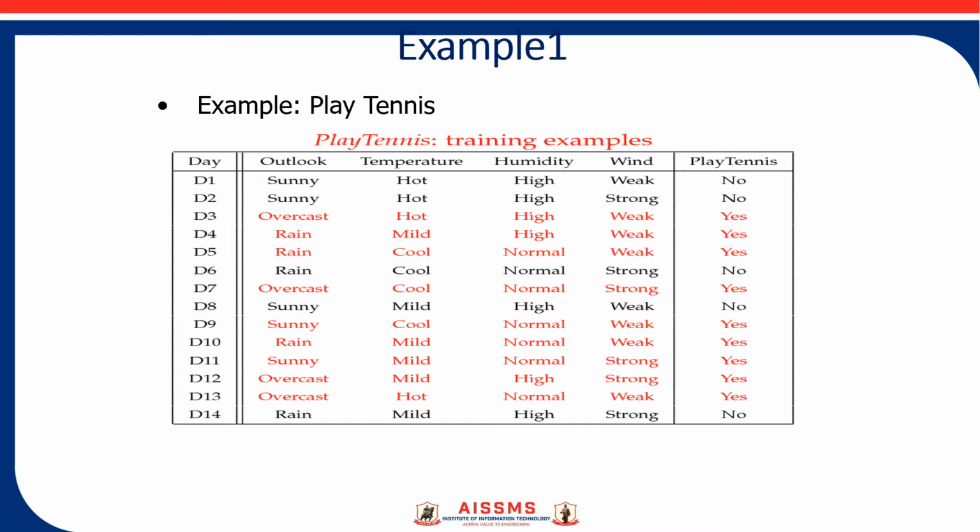Now here we are considering another example where we want to see whether a particular person will play tennis or not. We are given some attributes: day, outlook, temperature, humidity and wind. Based on these parameters, we have to find out whether a particular person will play tennis or not.